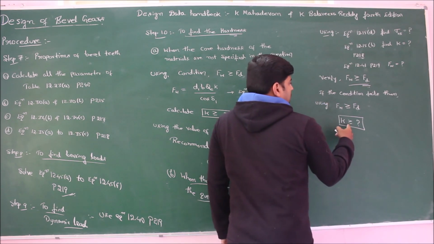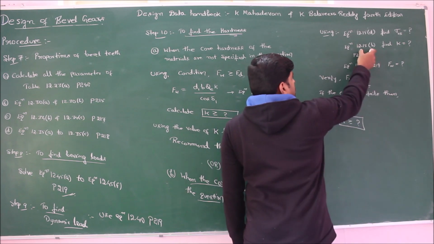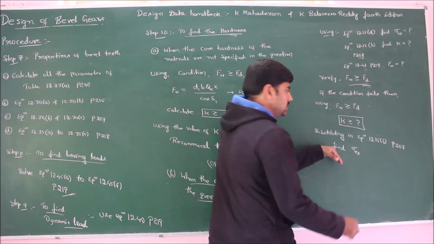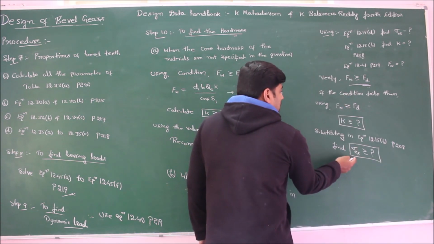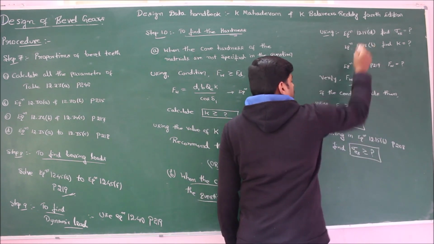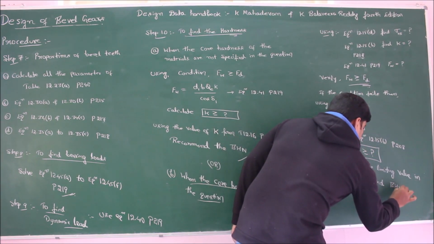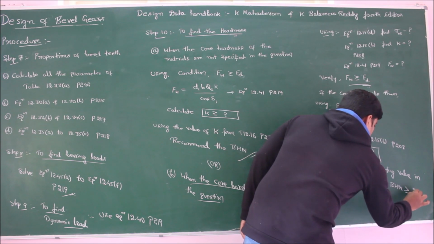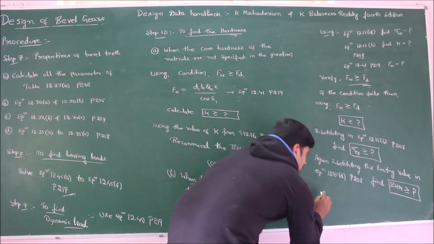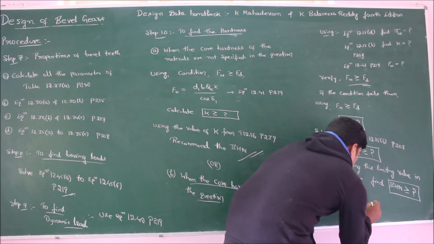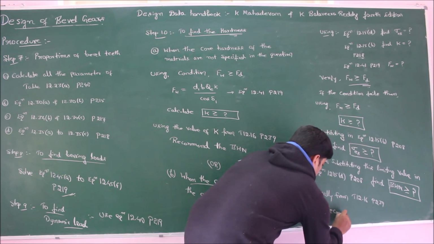Once you find the value of K greater than or equal to, substitute this limiting value of K in this equation, find the limiting value of endurance stress. Now, substituting this limiting value of endurance stress in equation 12.15D, find the limiting value of BHN. Now, finally, from table 12.16 of page number 239, recommend the BHN.